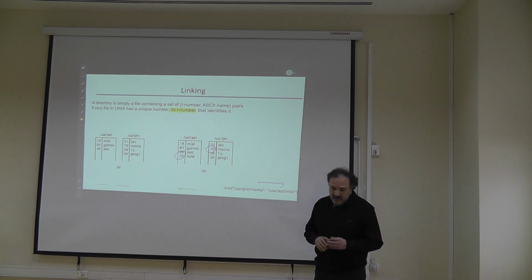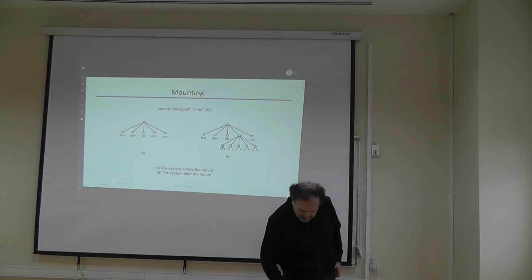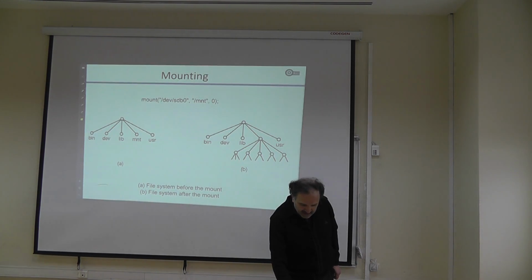We use linking with this mounting stuff actually, and this is what happens when I mount. This means that I am mounting my USB drive 0 to this position, /mnt. /mnt is here. After I execute this system call, this is what I get.